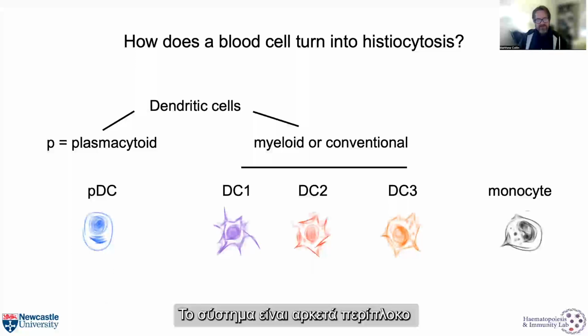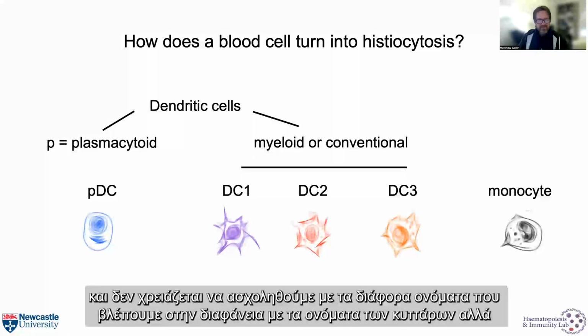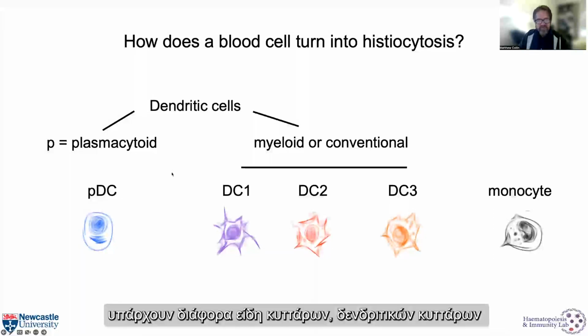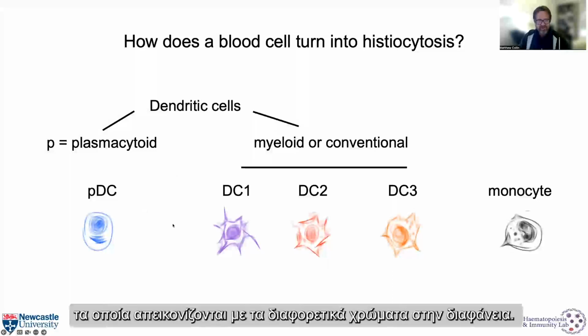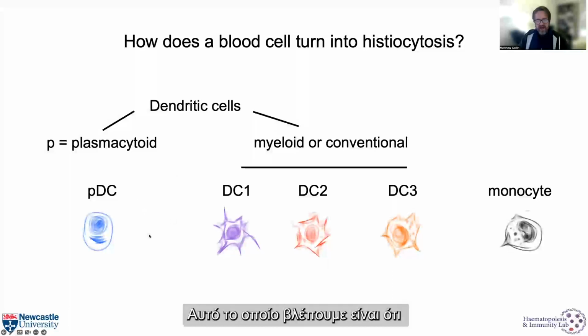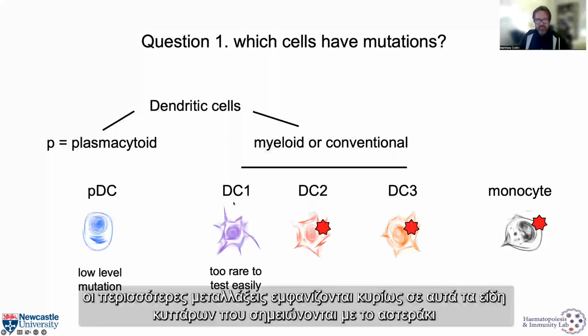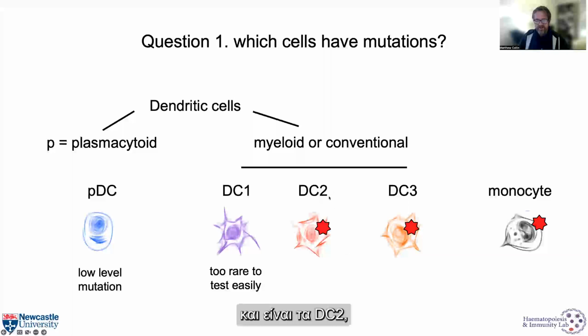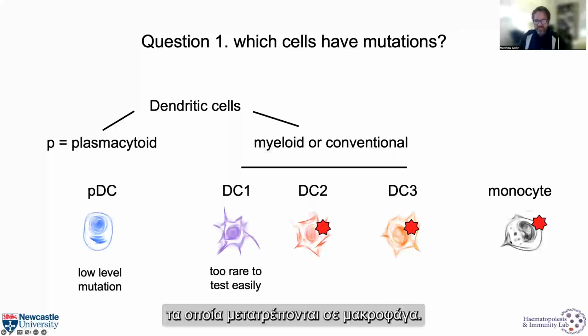So the system's a little bit complicated, and we don't need to worry too much about these names here, but there are various different flavors of dendritic cells illustrated by these different colors. And what we find is that most of the mutation indicated by the red star is found in these cells called DC2 and DC3, and also in monocytes. Monocytes are the cells that turn into macrophages inside tissues.